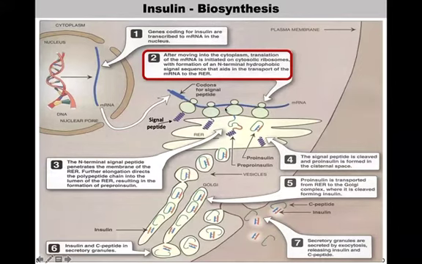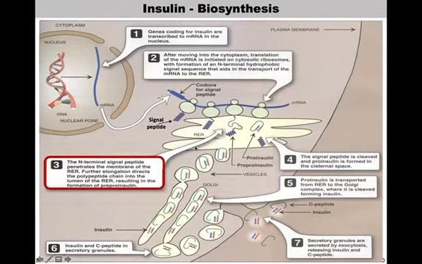They will form an N-terminal hydrophobic signal, which is a signal peptide. As we said, it aids in the transport of the messenger RNA to the rough endoplasmic reticulum. Once in the rough endoplasmic reticulum, you can see that the translated precursor hormone is inside the lumen. This N-terminal signal peptide, as you can see, penetrates.